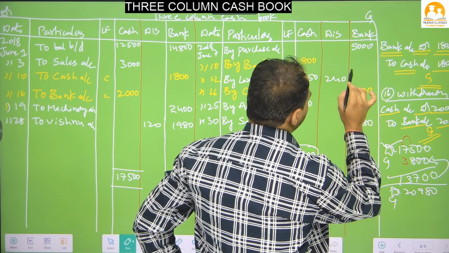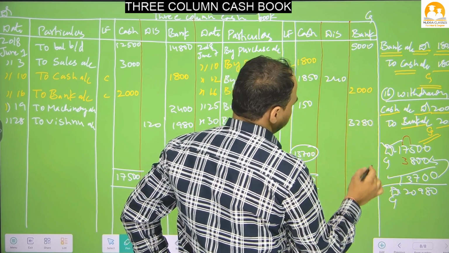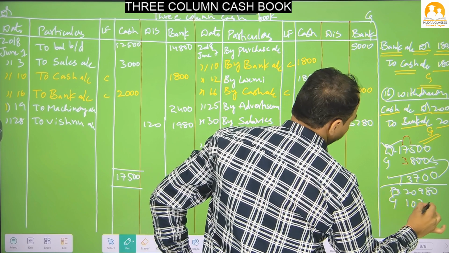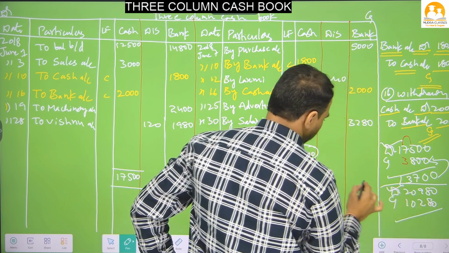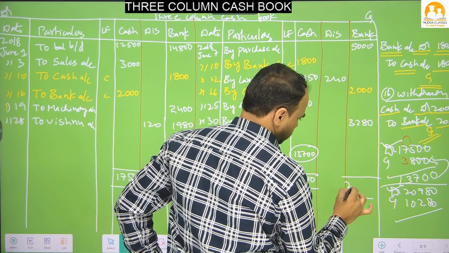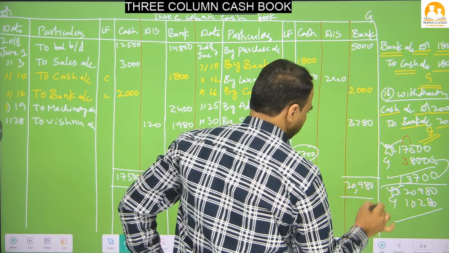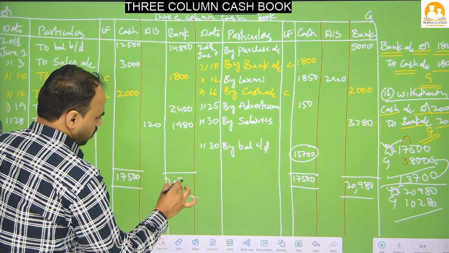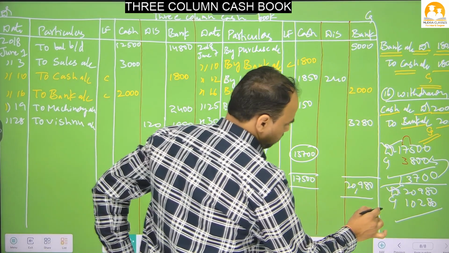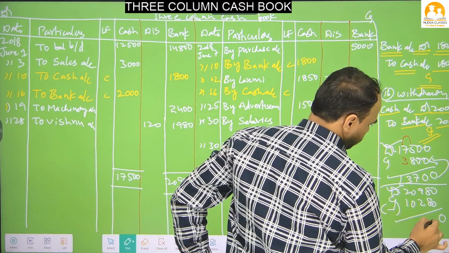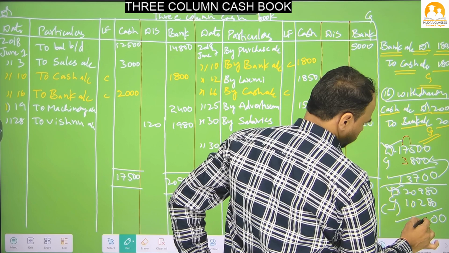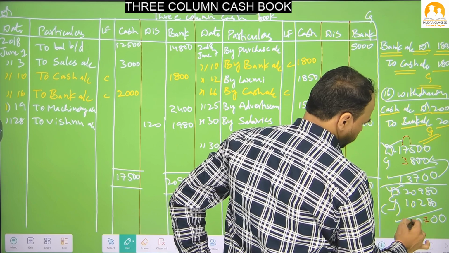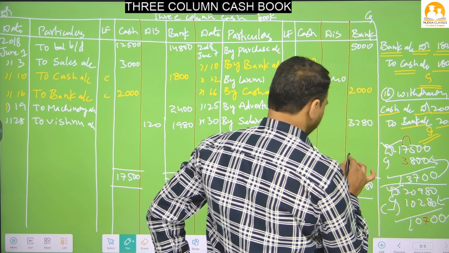Now do credit side total: 5 plus 2, 7, 7 plus 3, 10, 10,280. Okay, in these two debit is big amount, so both sides write that big amount, 20,980. Now do minus from big amount to small amount. 8 minus 8, 0, 9 minus 2, 7, 0, 1. So 10,700 write on credit side.